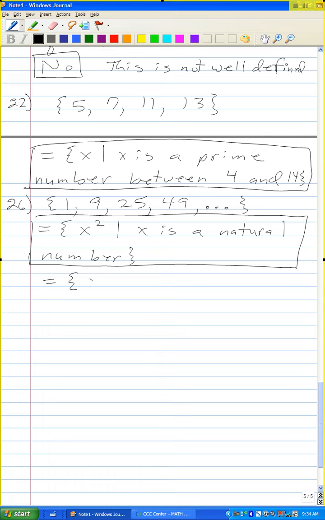We could also write it as the set of all x squared such that x is a natural number. Either way is perfectly fine.